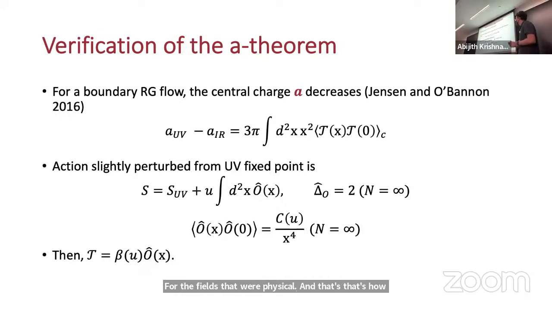And I think the way to actually have an RG flow is you have to go slightly away from the UV fixed point.